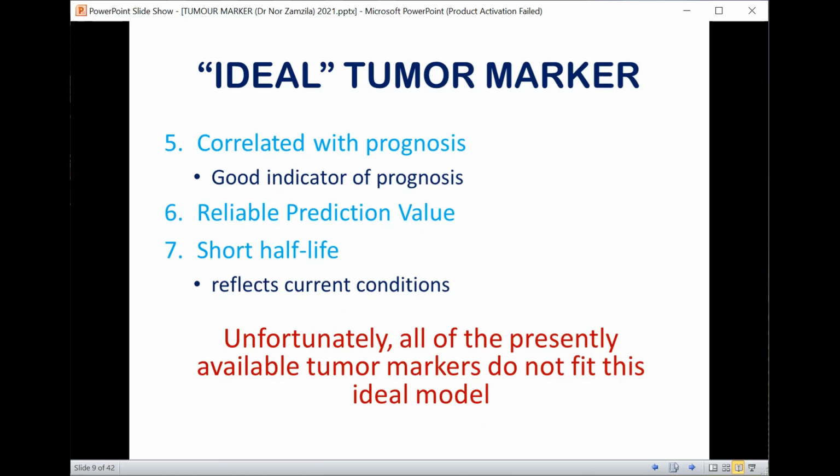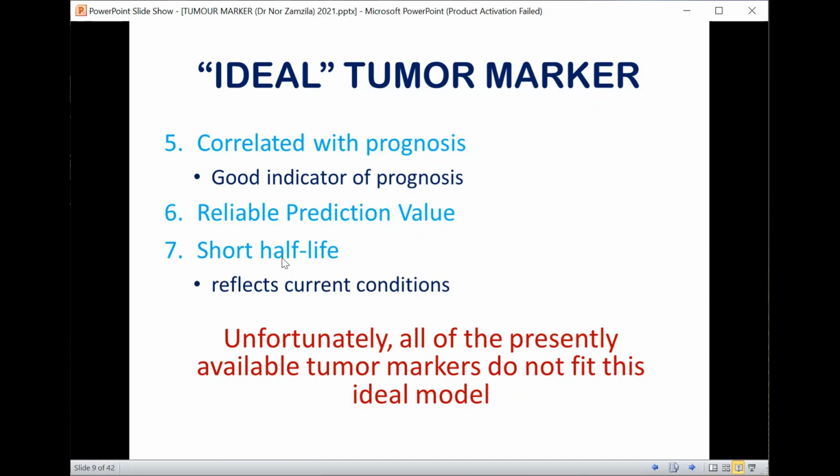Okay, and another ideal feature is that we want the tumor marker to have a short half-life, meaning that it reflects the current condition of the patient, meaning that if you remove the tumor, right away the tumor marker level is reduced. So if they have a short half-life, this is what we want.